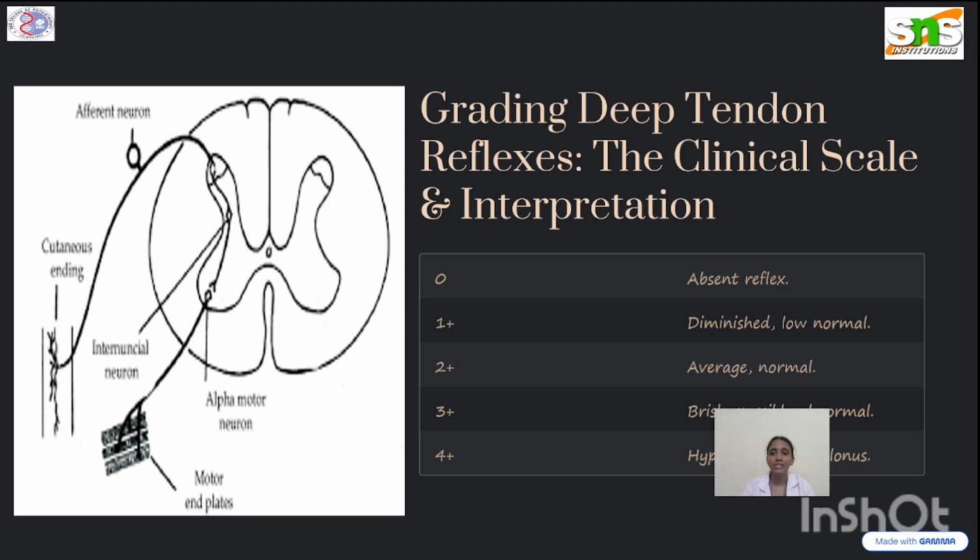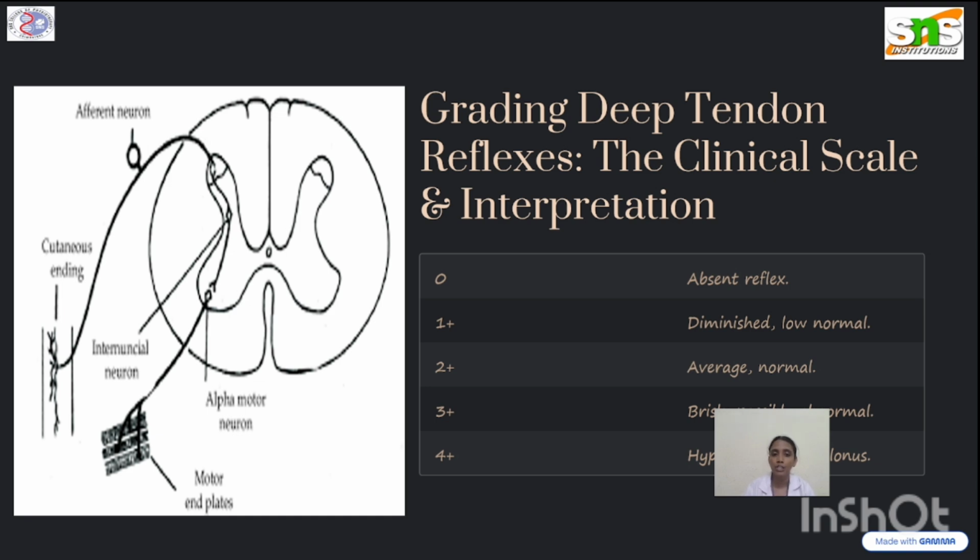Next, you can see the grading system of the reflex, the deep tendon reflex grading. This grading is used for clinical scaling and the interpretation of the clinical condition. It is basically a 5-point scale for grading deep tendon reflexes.